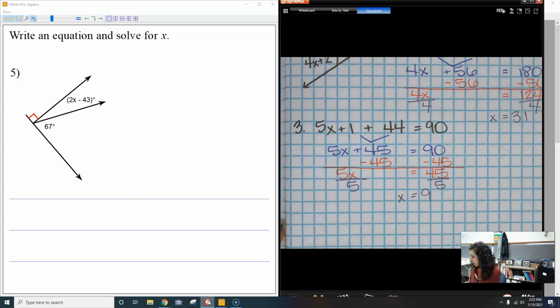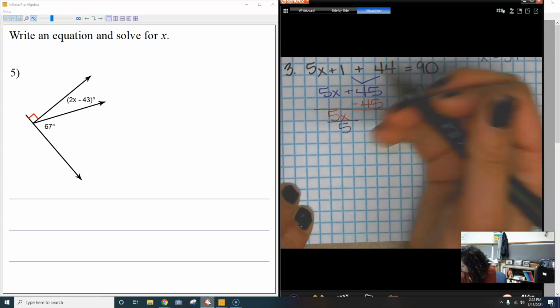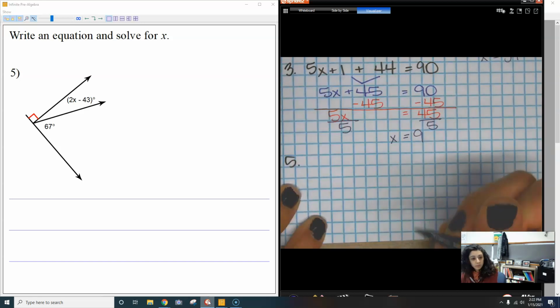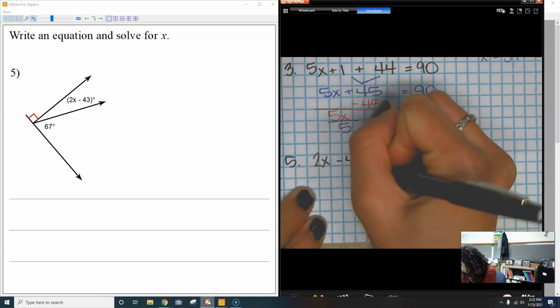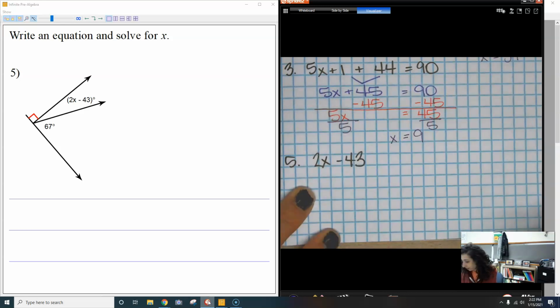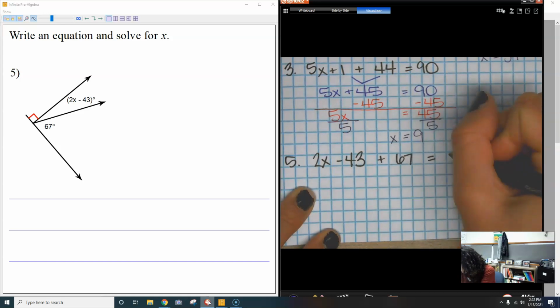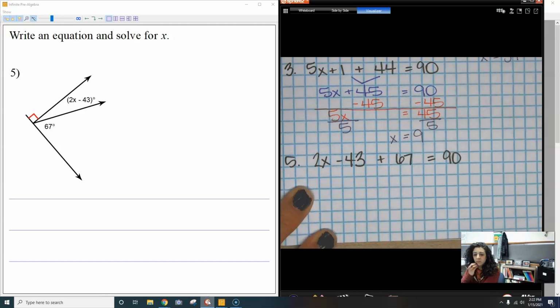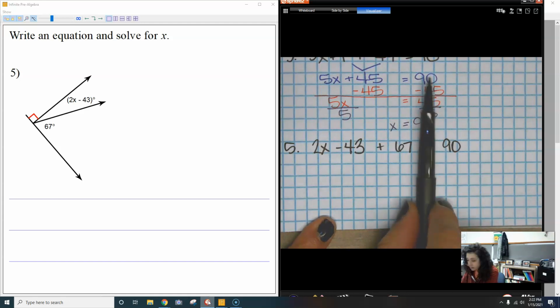The reason I'm skipping ahead is because I want us to talk about a problem like this. So number 5 is 2x minus 43 as angle 1 plus 67 as angle 2 equals 90 degrees. What's different about this problem than all the other problems we've seen so far is that this time we have a negative, so we're going to be combining a positive and a negative. Okay, so there's my equal sign.